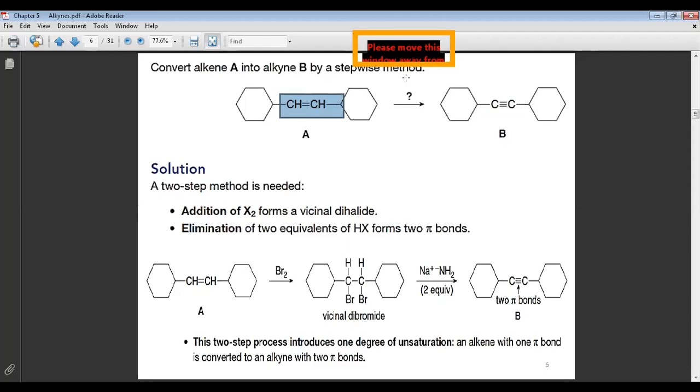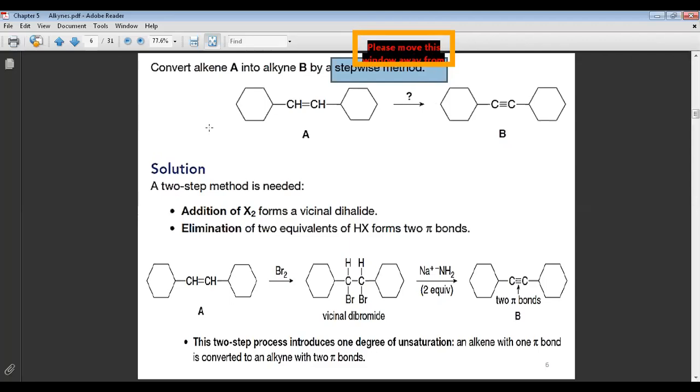What does stepwise method mean? An important term in organic chemistry. Stepwise means more than one reaction: maybe 2, maybe 3, maybe 4, maybe 5 reactions. Here we call it stepwise method, step by step.